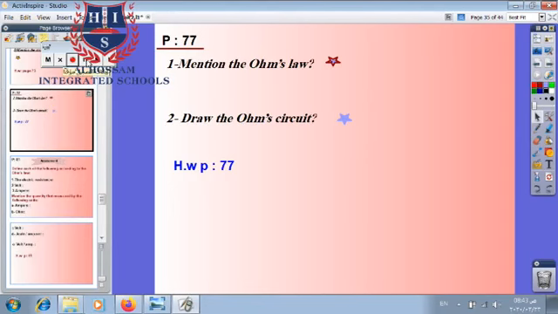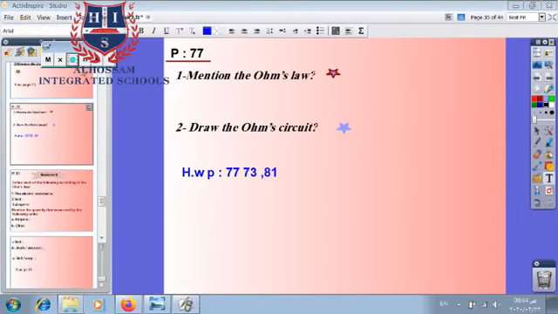Number 2, this is a very important question. Draw the Ohm's circuit. Do you remember? You must draw this circuit because it is very important.